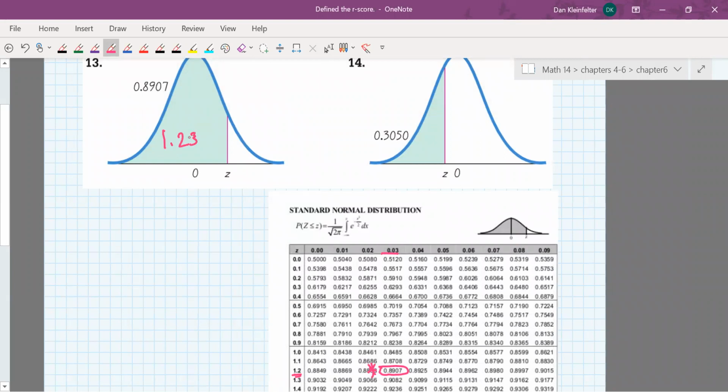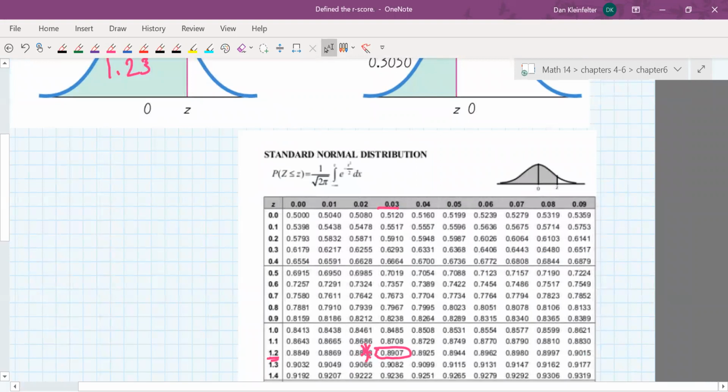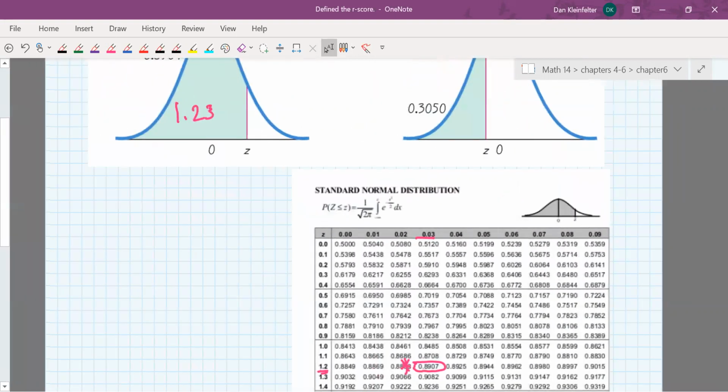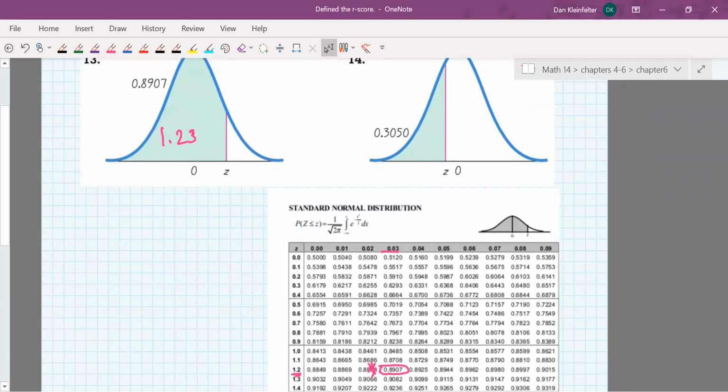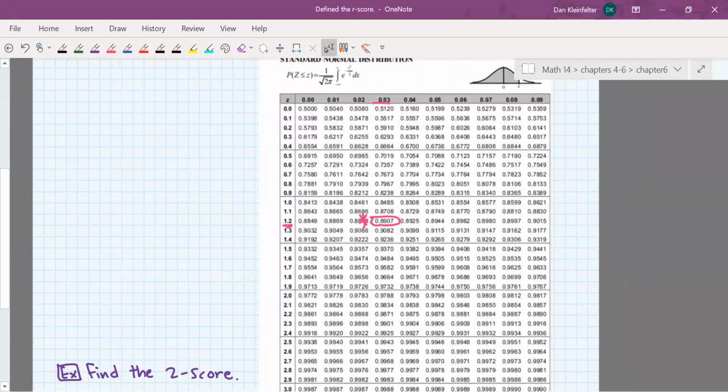Next up, we have 0.305 to the left. 0.305 is less than 1/2, so that will be a negative z value. You'll notice on our z table, the smallest values we have for probabilities are 0.5.